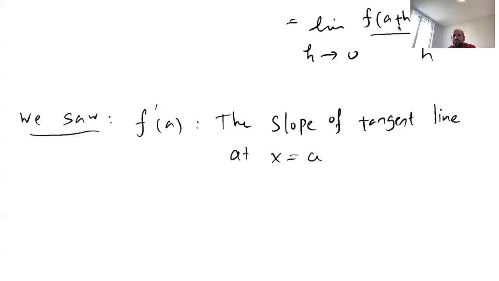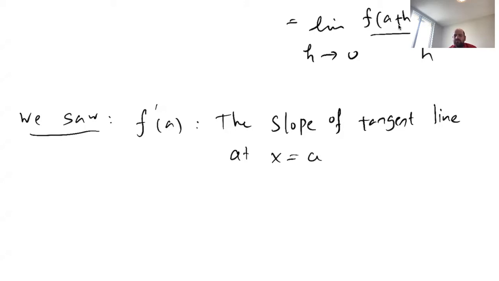And we use this fact to find the connection between the graph of a function and the graph of its derivative. So if you remember the last example we did last time, we had some graphs and the question was asking us to match the graph of the function with the graph of the derivative of that function.